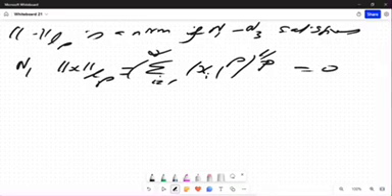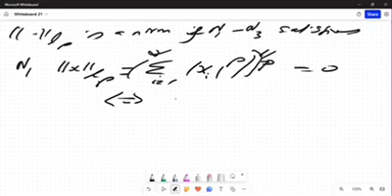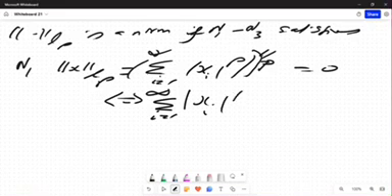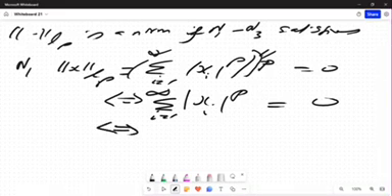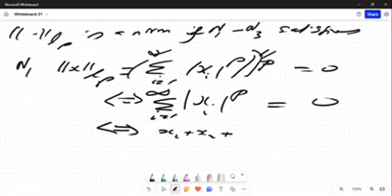You see that this will be equal to 0 if and only if the summation, i counting from 1 to infinity, of xi to power p is equal to 0, and this will be equal to 0 if and only if x1 plus x2 plus x3 and so on and so forth is equal to 0.